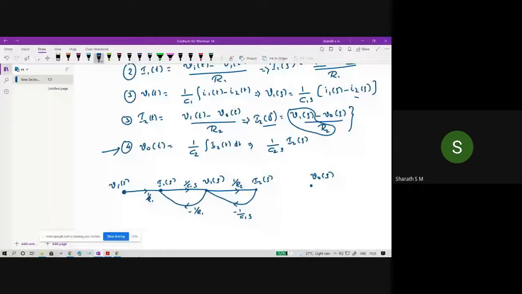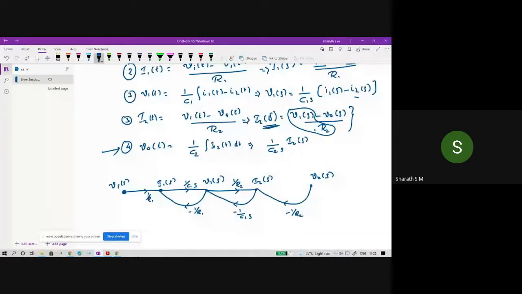V0 to I2 is acting as a feedback. What is the gain? Minus 1 by R2.